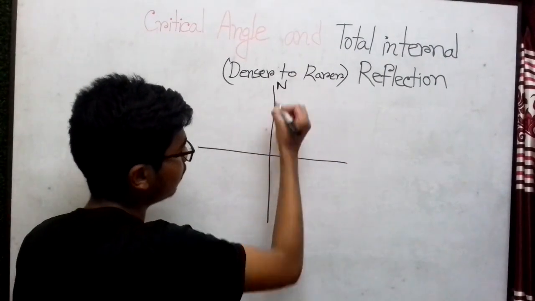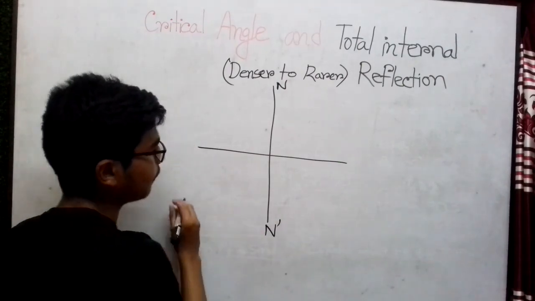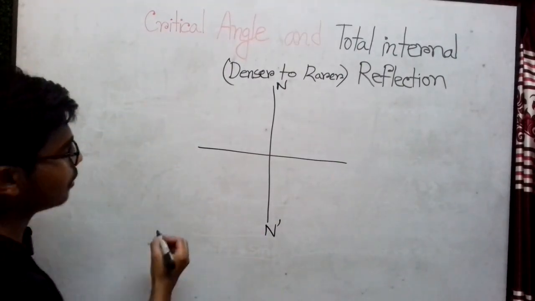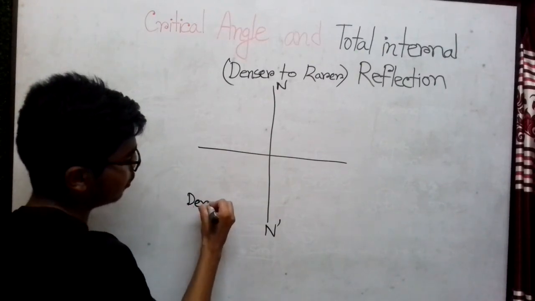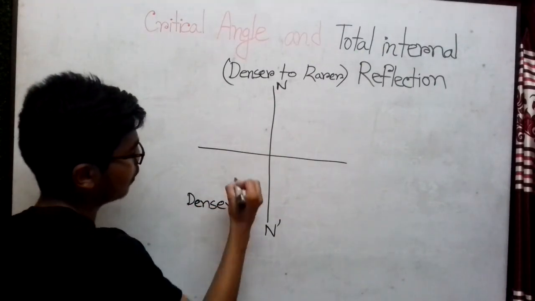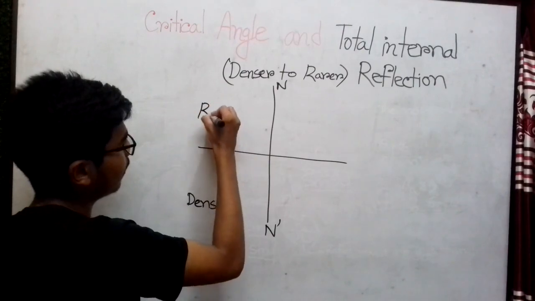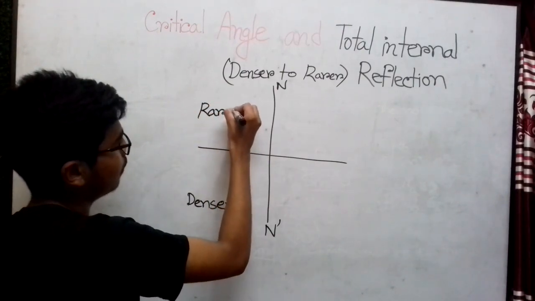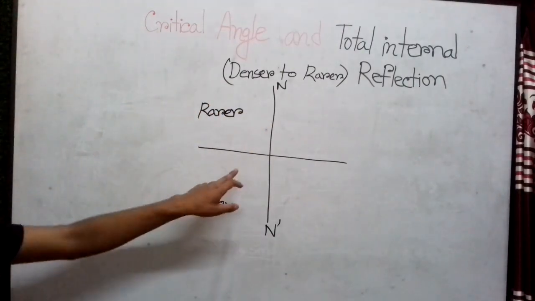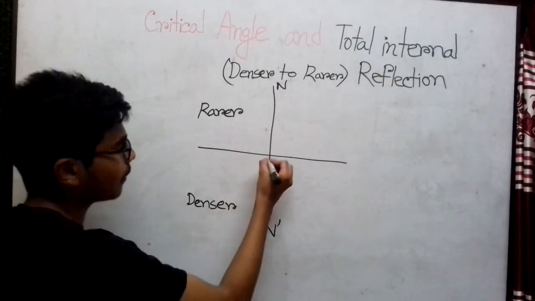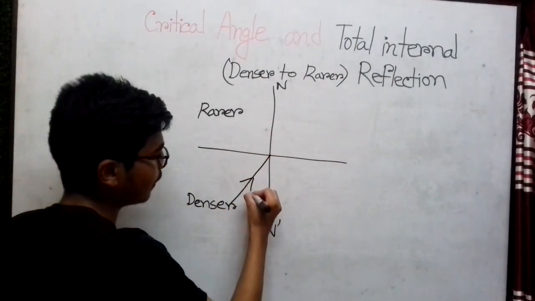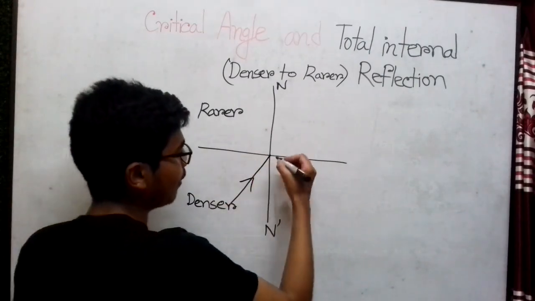This is the normal. And here also I mention this will be denser and this is rarer. That means here also the light rays have to pass from denser medium to rarer medium. This is the light ray and it will pass from denser to rarer medium.